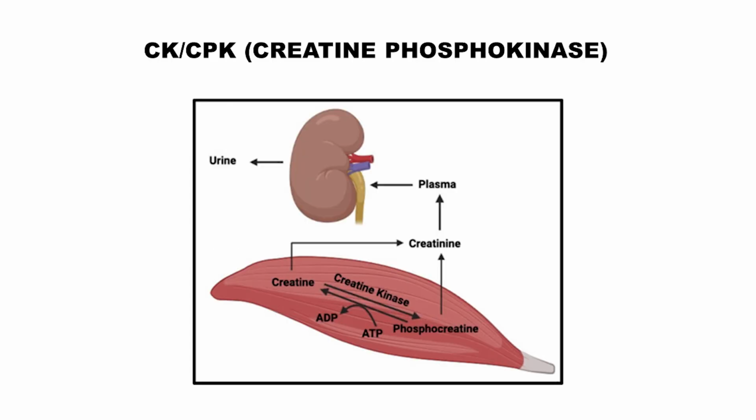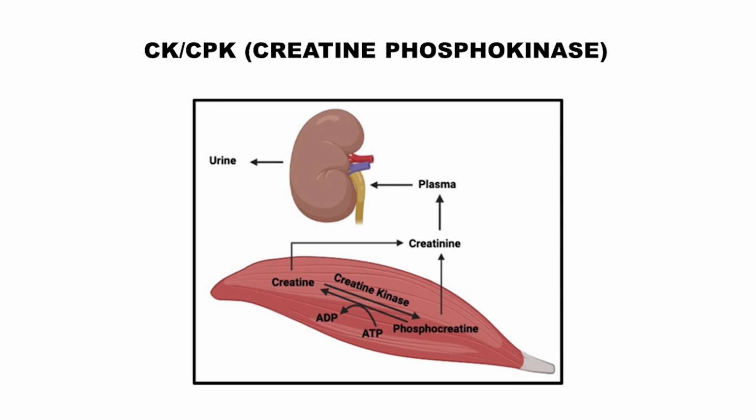Creatine phosphokinase is an enzyme found in the heart, brain, and skeletal muscles that acts as a vital energy regulator. It catalyzes the conversion of creatine and ATP into phosphocreatine, storing energy for tissues with high demand, such as muscles.